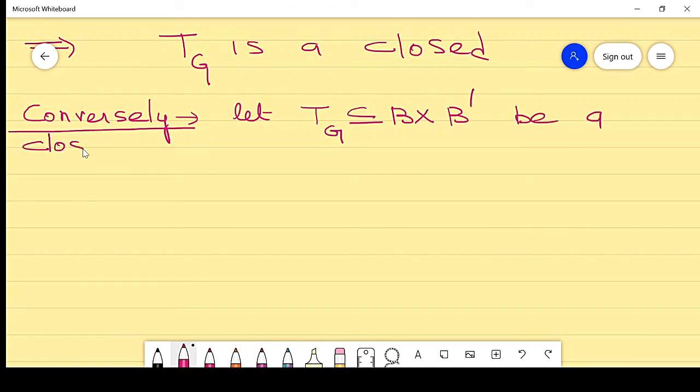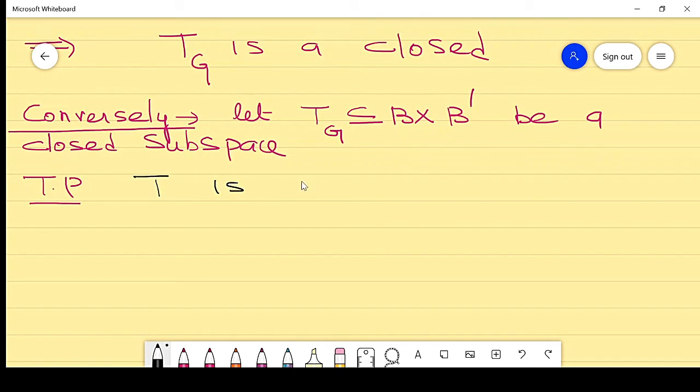Next is to prove: if it is closed, then my aim is T is continuous.